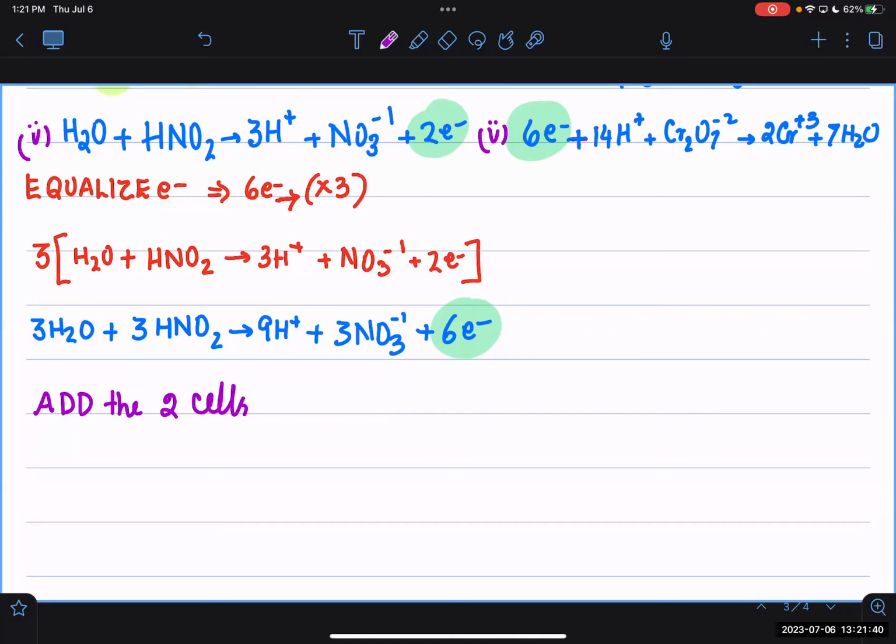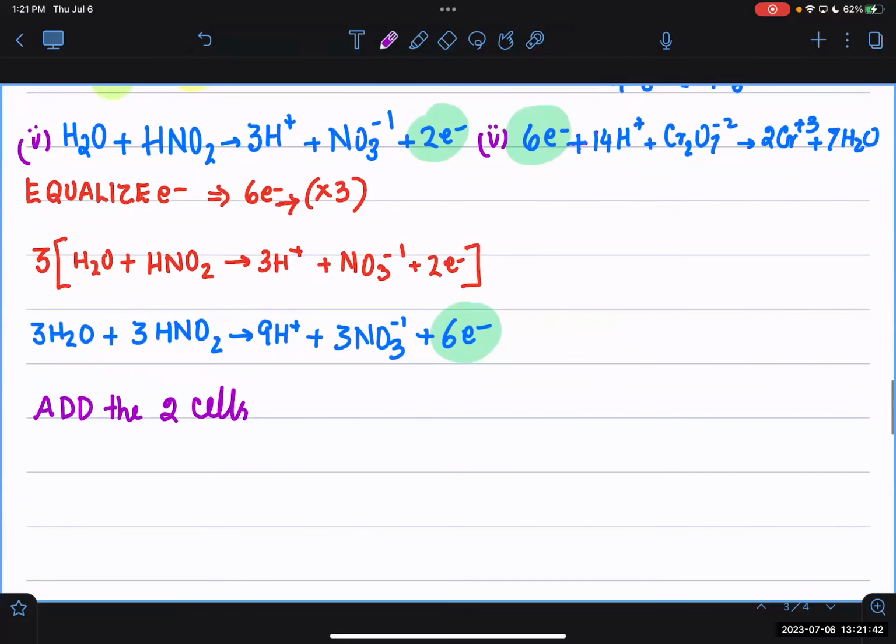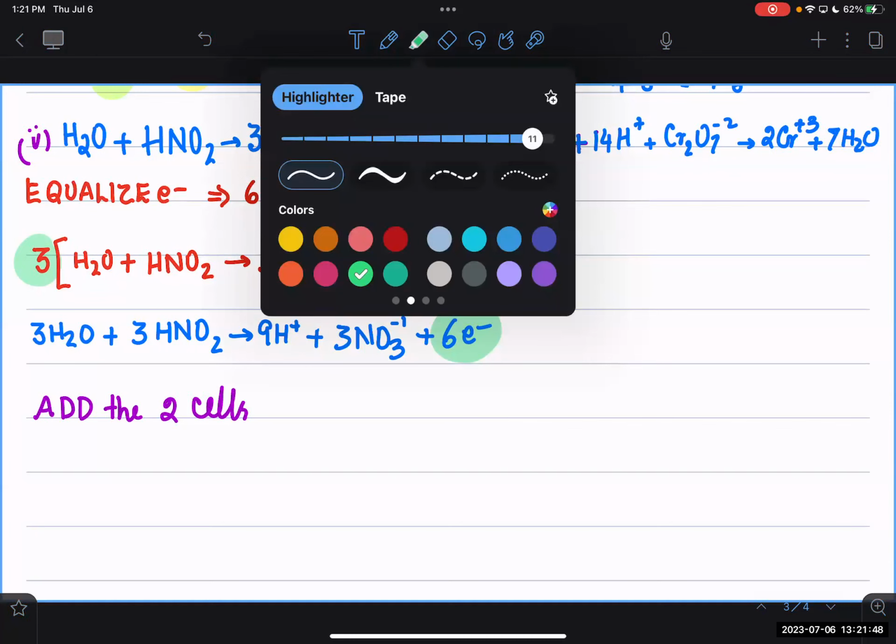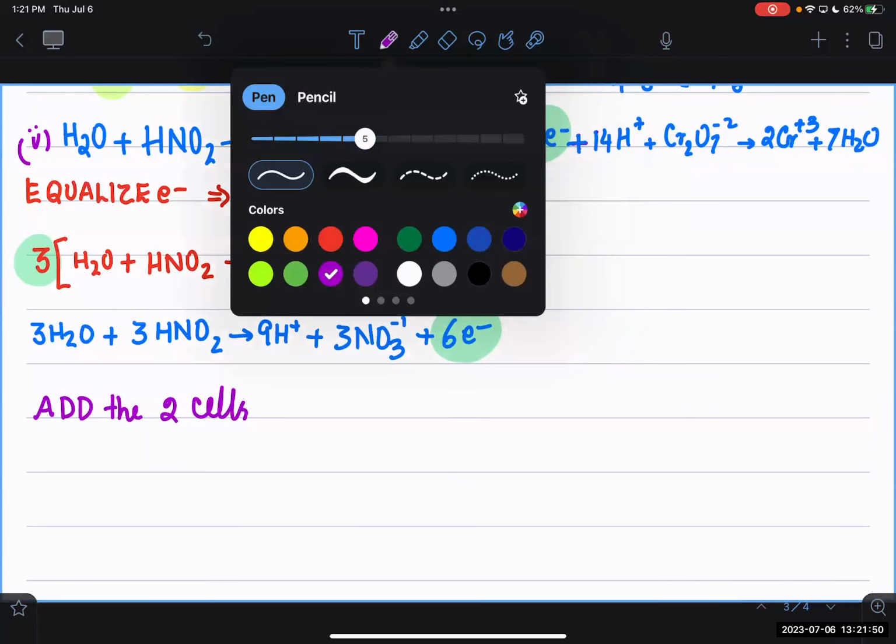Now the electrons are balanced. So we brought in this 3. So now you are going to put them. Let's change it to a different color.